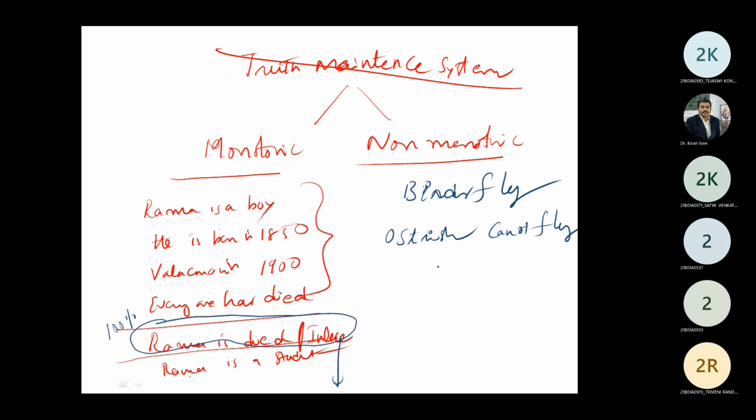And Sweetie is a bird. So what is the inference that you can make from these three statements? Birds can fly, ostrich cannot fly, Sweetie is a bird. So what is the inference that you can get from these statements? Can Sweetie fly?